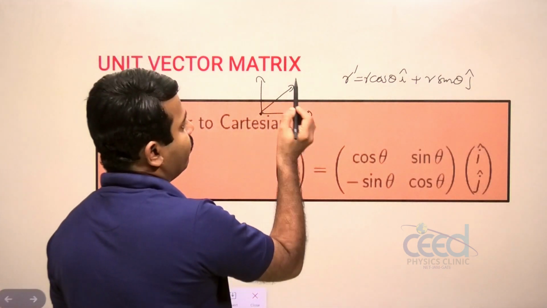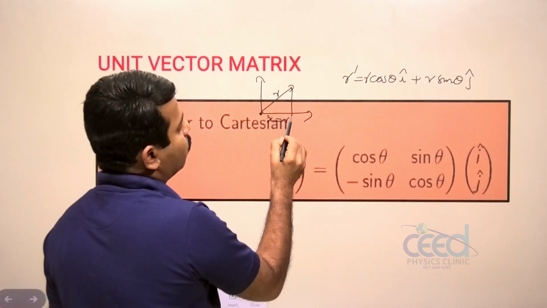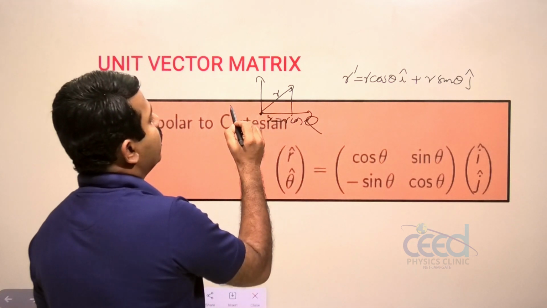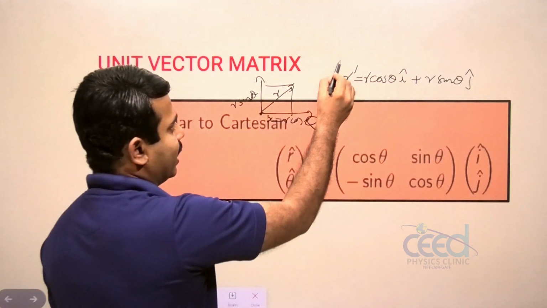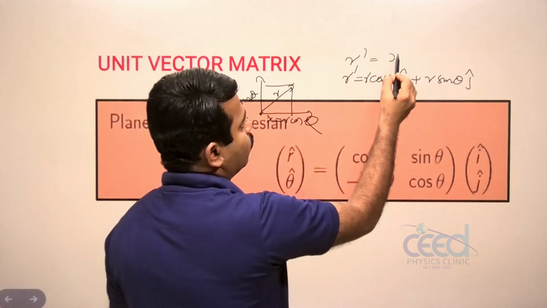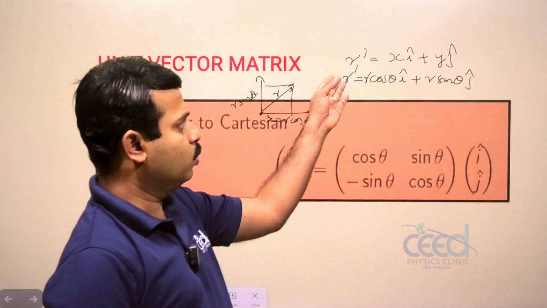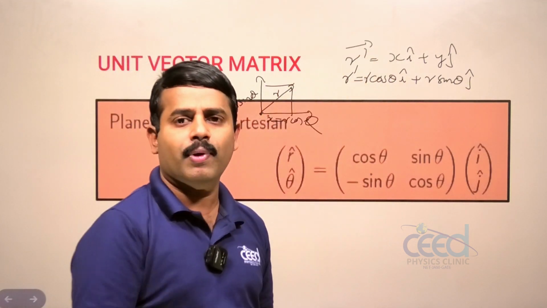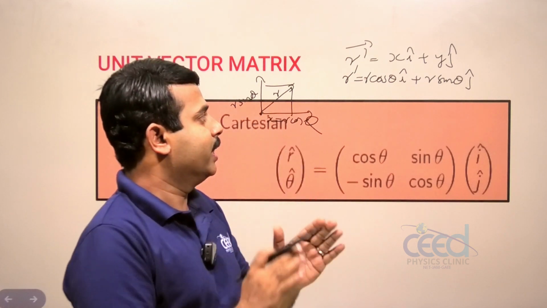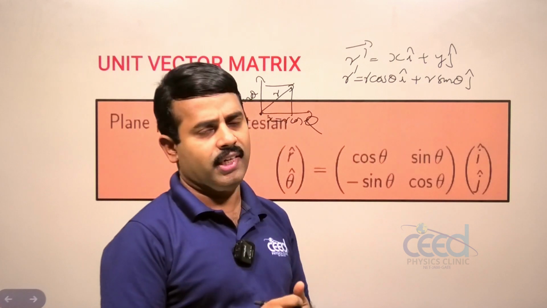If you have a vector r, the x coordinate should be r cos theta and the y coordinate should be r sin theta. We know that. Generally we represent the position vector r dash as x i cap plus y j cap. Then x is equal to r cos theta, y is equal to r sin theta.